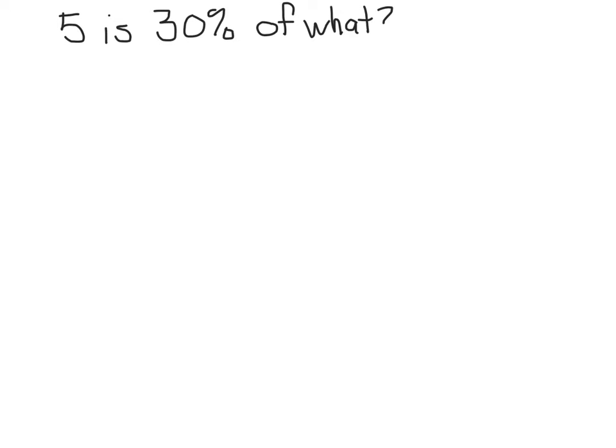Let's do one last one like this. So we have 5 is 30% of what? Okay, so I'm going to say 5 is my is. I don't know my of. 30 is my percent, so again, the percent always goes over 100.